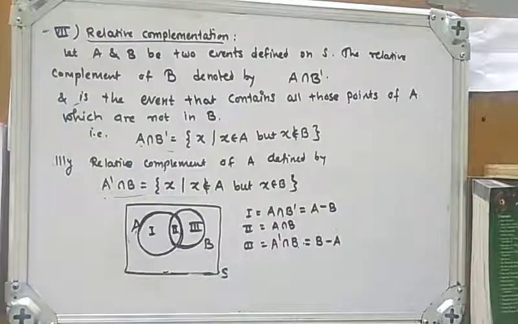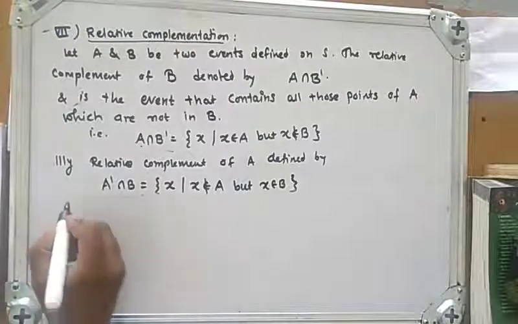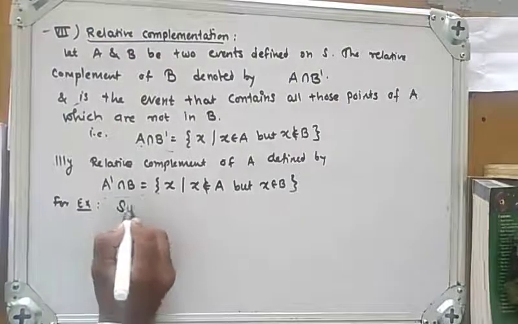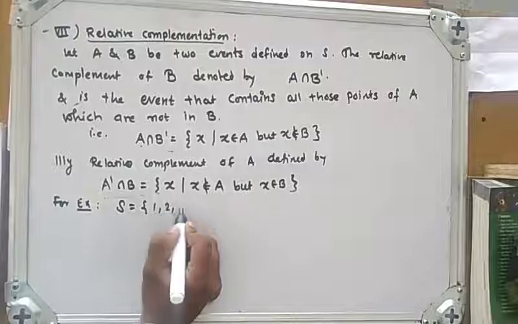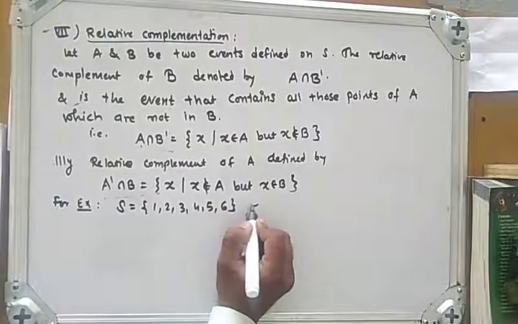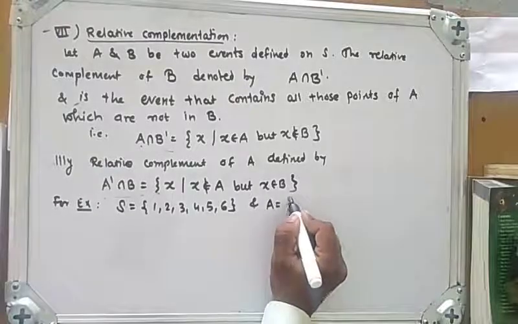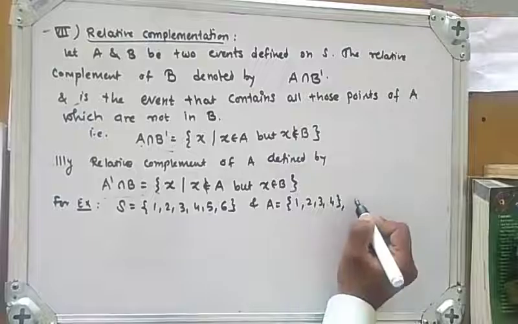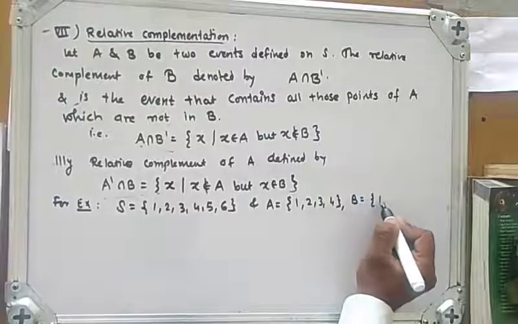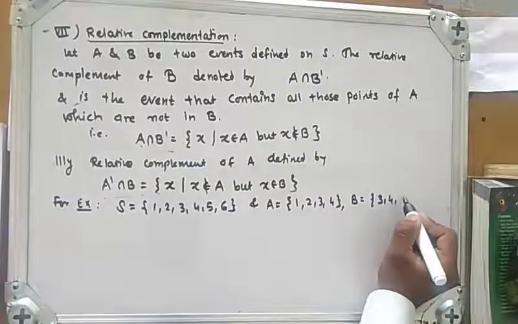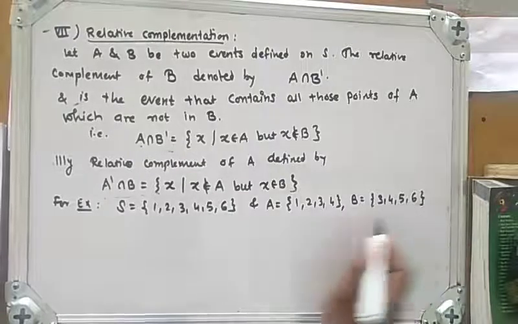Now let's see an example. I will take the sample space S with elements 1, 2, 3, 4, 5, 6, A the event with elements 1, 2, 3, 4, and B the event with elements 3, 4, 5, 6.